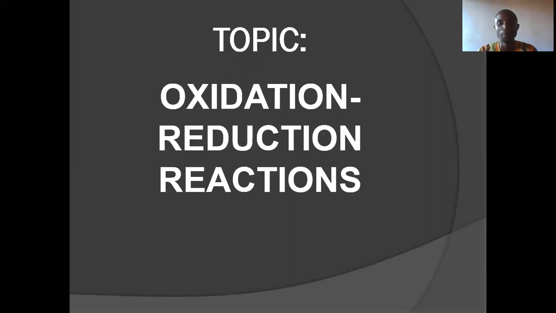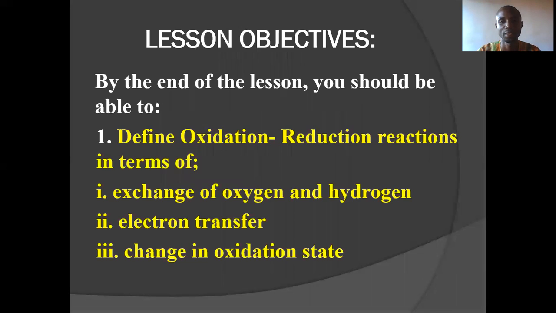All right. It's expected that by the end of this particular class, you learn some things. The aim of this class is for you to be able to define oxidation in terms of, number one, exchange of oxygen and hydrogen.